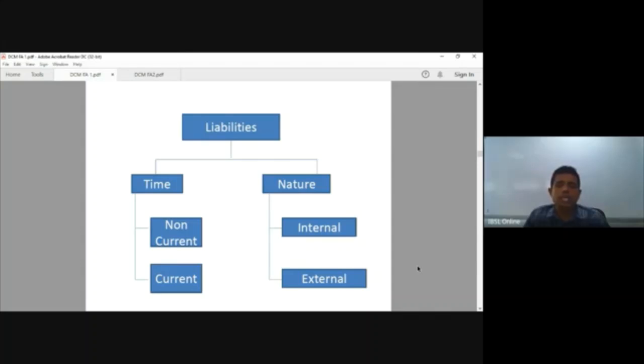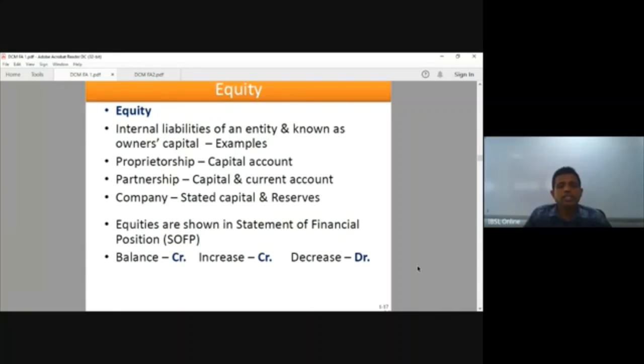Therefore, based on time, we only categorize the external liabilities as non-current and current liabilities, not the internal liabilities. For internal liabilities, we have a separate category called equity. Internal liabilities of an entity, known as owner's capital, are called equity.